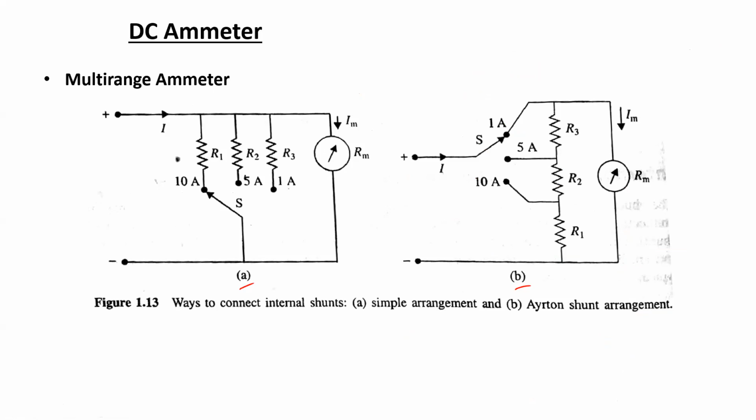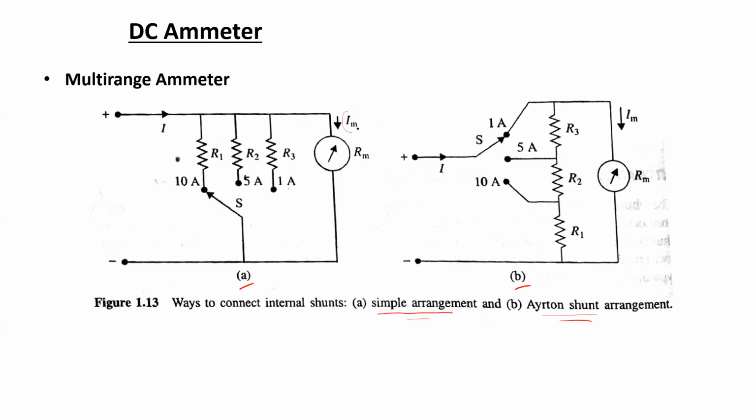Both of them will provide the facility of changing the ranges of measurement for the ammeter. So the first type of multi-range ammeter is a simple arrangement, and the second type is a modified version that is called the Ayrton shunt arrangement. So in the first case, you can see that there are multiple shunt resistors available, and each of them is tuned in such a way that if the selector switch is located at a particular knob, then that particular range may be obtained for measurement.